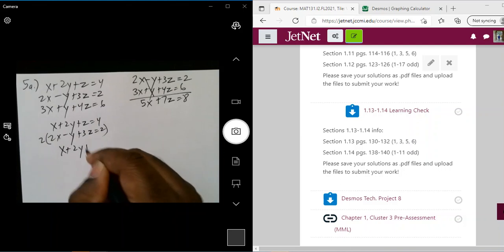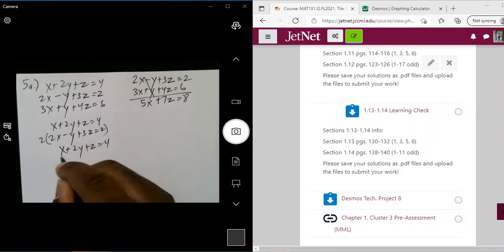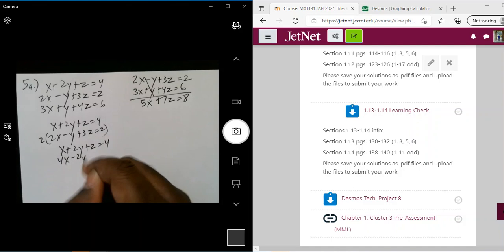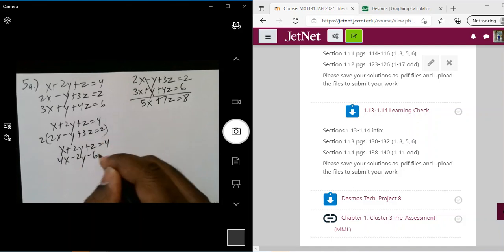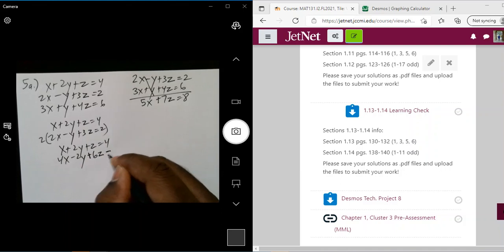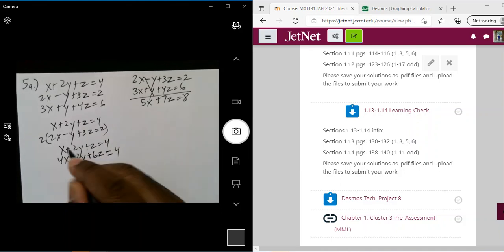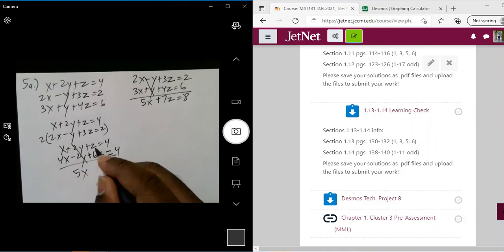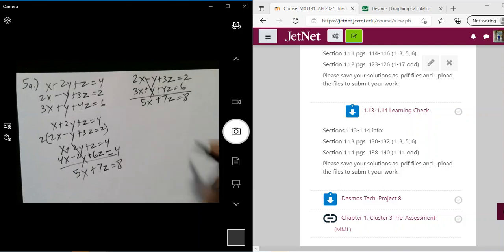The top equation will stay the same, and this would be 4x minus 2y minus 6z, well actually I'm sorry, plus 6z is equal to 4. So this would give us 5x, these will go, plus 7z is equal to 8.